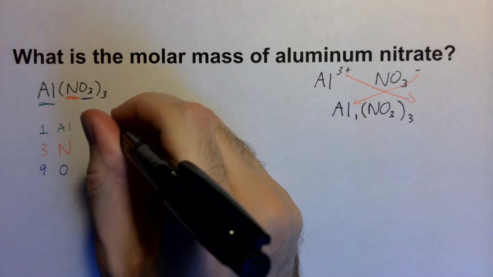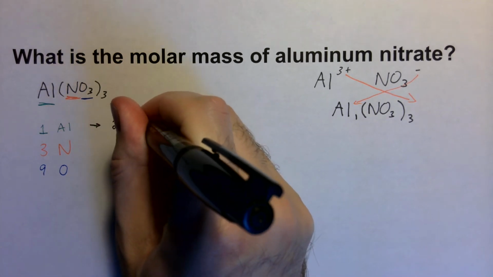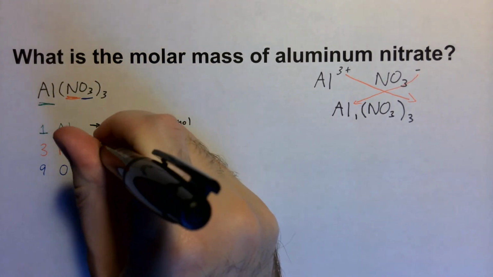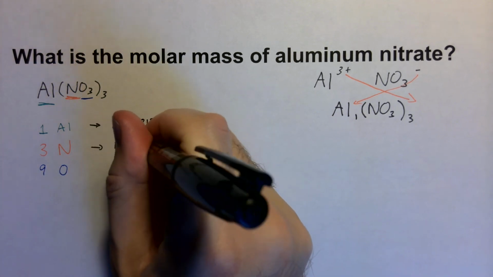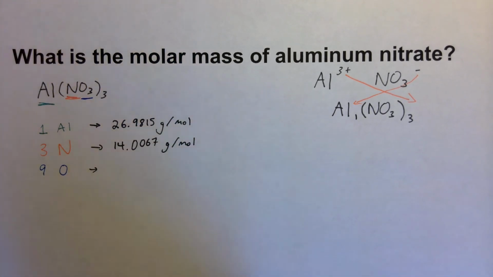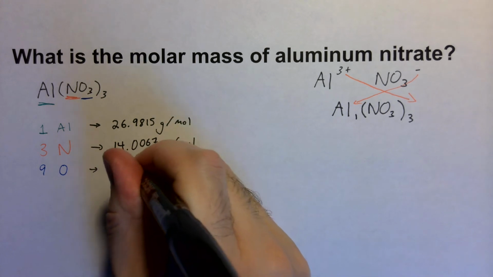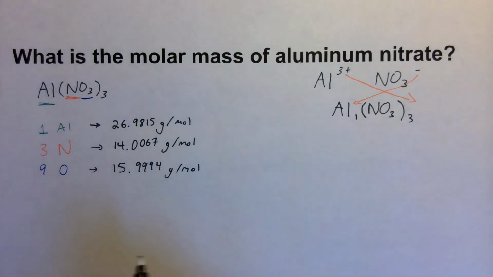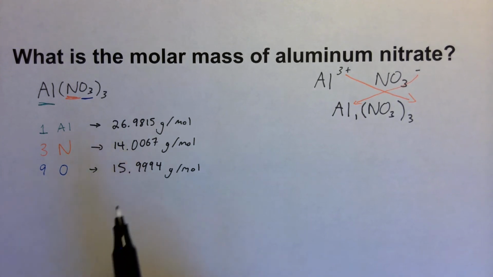For aluminum, it is 26.9815 grams per mole. For the nitrogen, it is 14.0067 grams per mole. And for the oxygen, it is 15.9994 grams per mole. So we've found the molar mass for each of the atoms on their own.